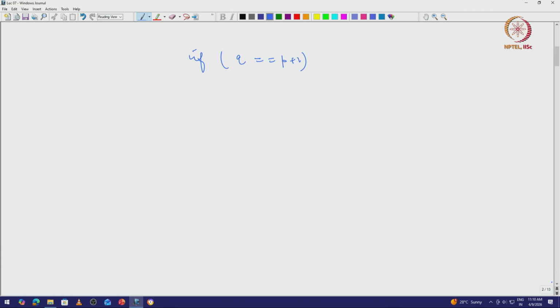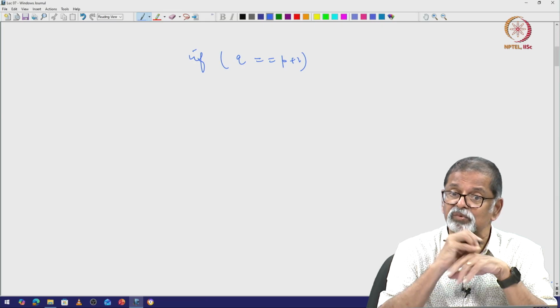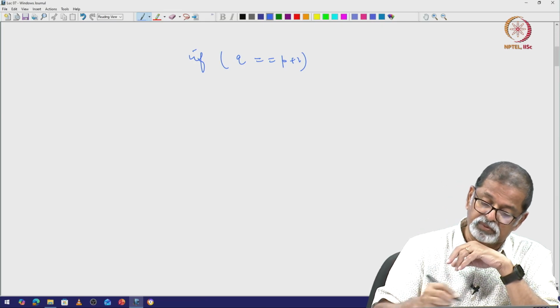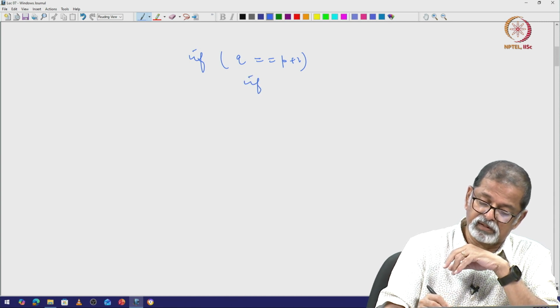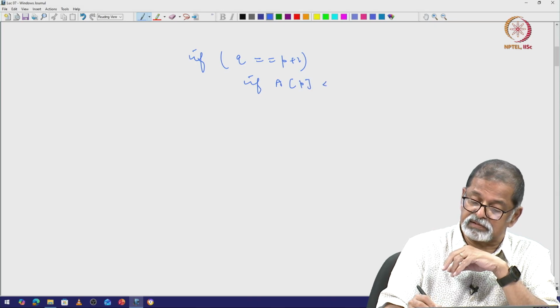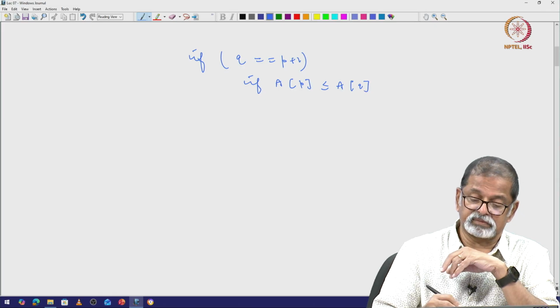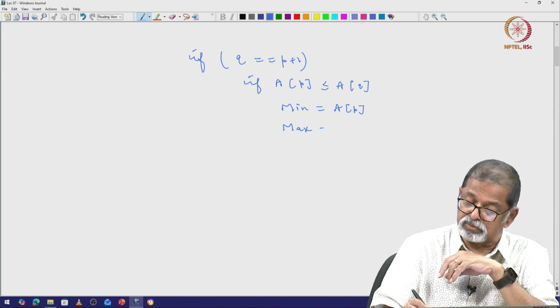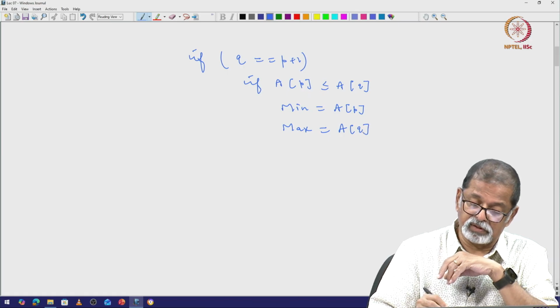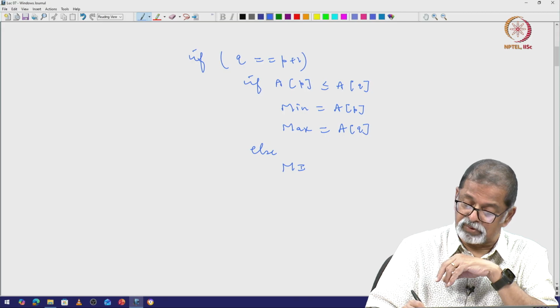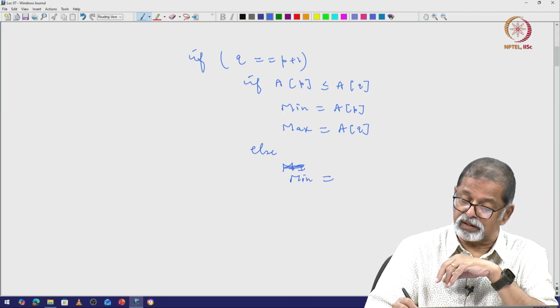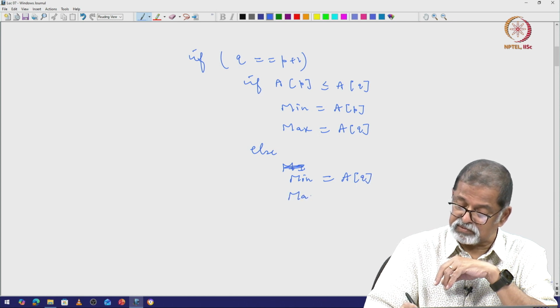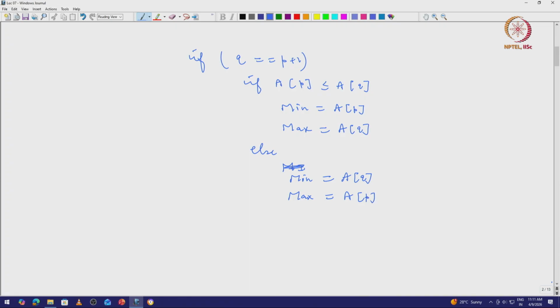So if A[P] is less than or equal to A[Q], then min equal to A[P], max equal to A[Q], else min equal to A[Q] and max equal to A[P], and return min and max.